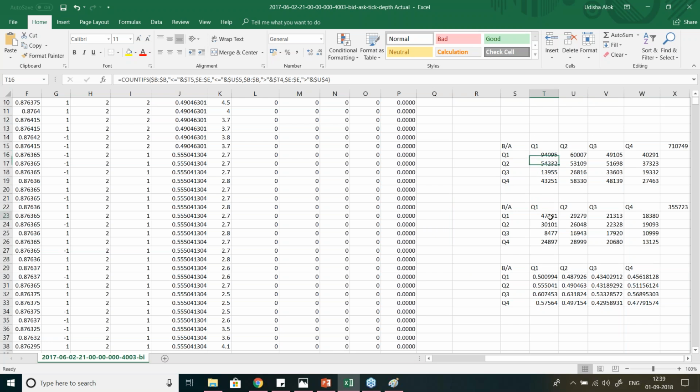And out of these 94,000, if I say 47,000 times the market has actually gone up, okay? Then what is the probability of the market actually going up when it is in Q1 and Q1? It is basically dividing this by this, right? That's it. That is how we get the probability.